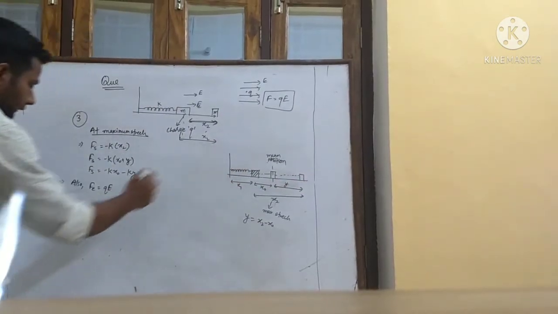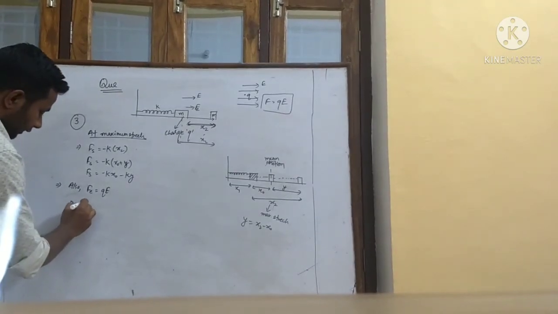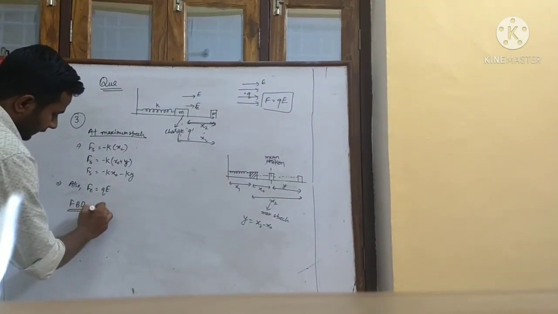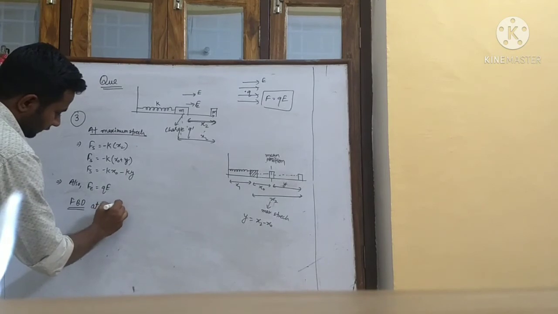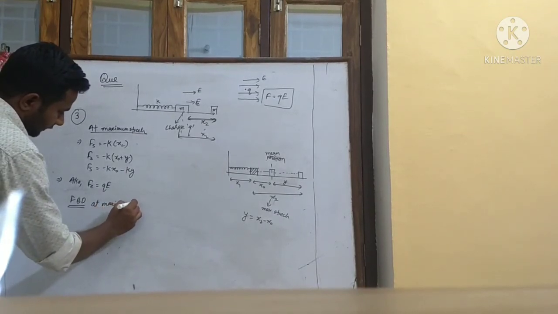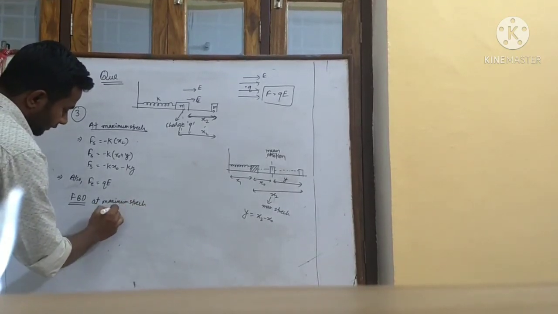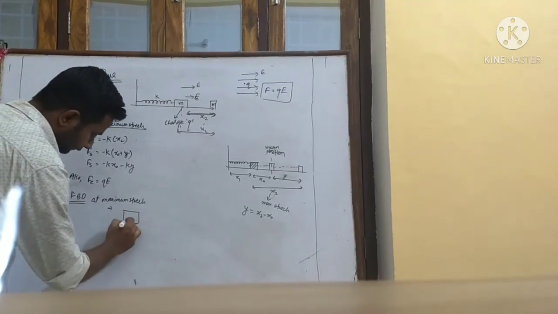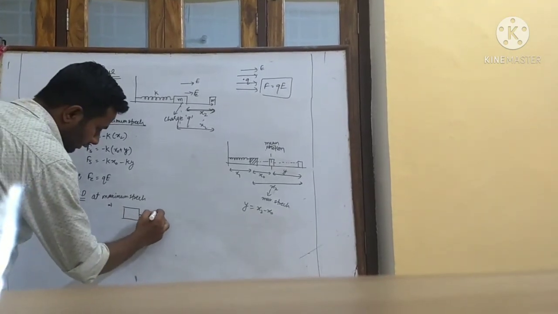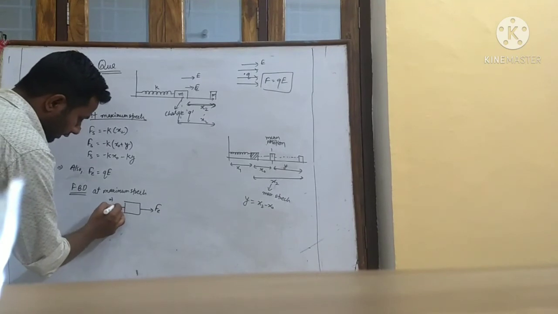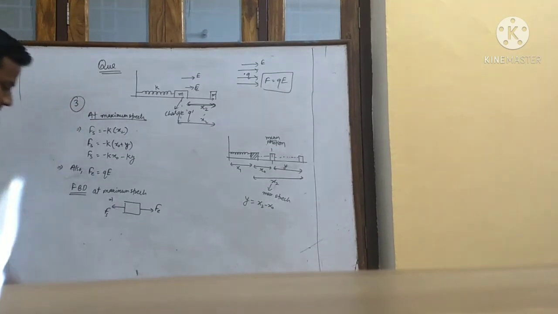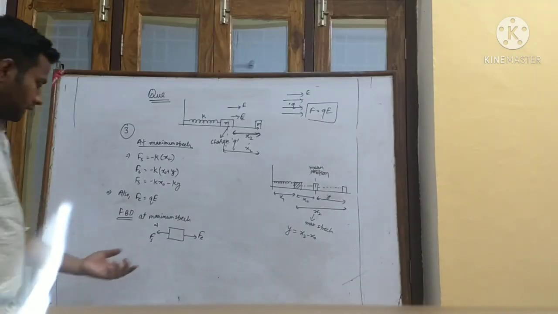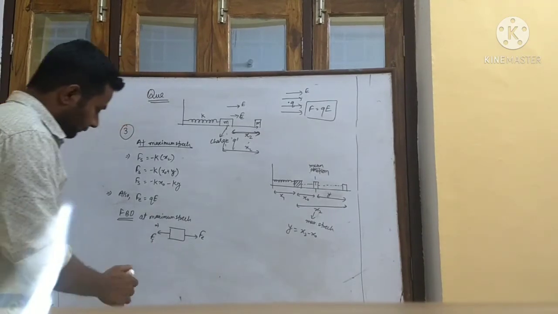So if you draw the FBD at maximum stretch, this will be Fe and this will be Fs. So this is the FBD of this block. Okay.